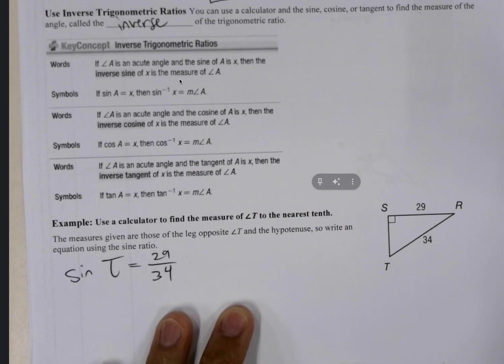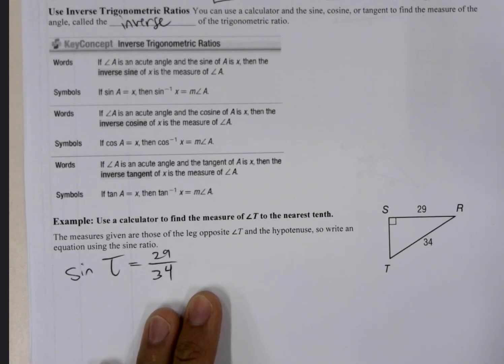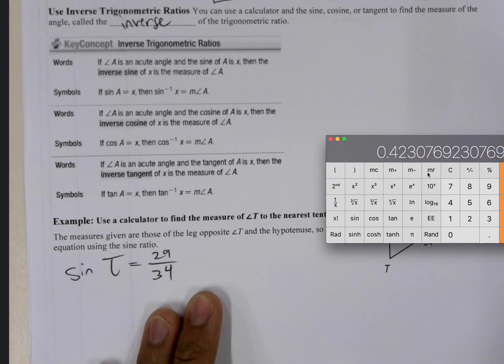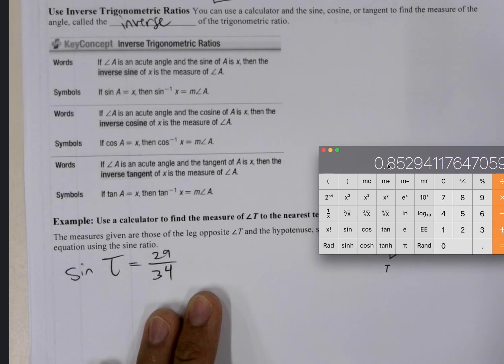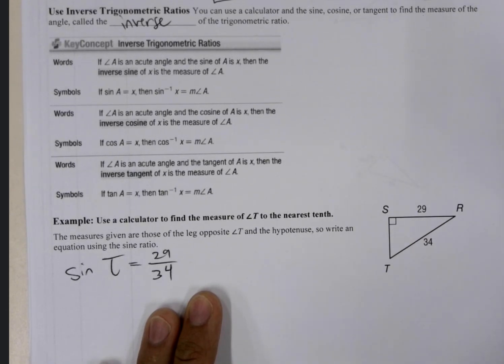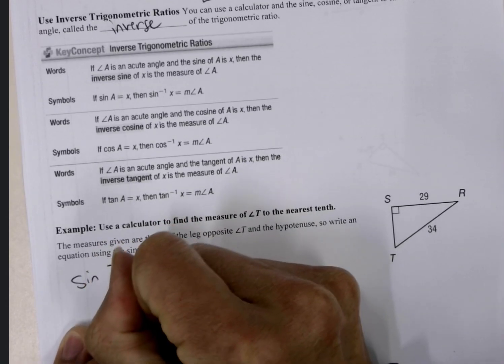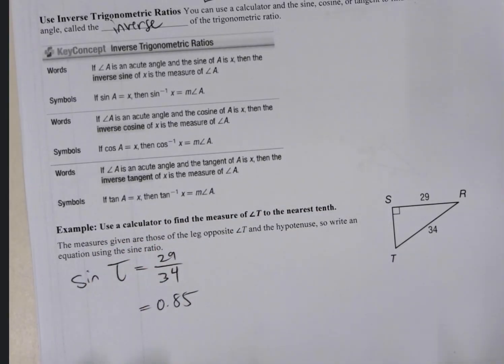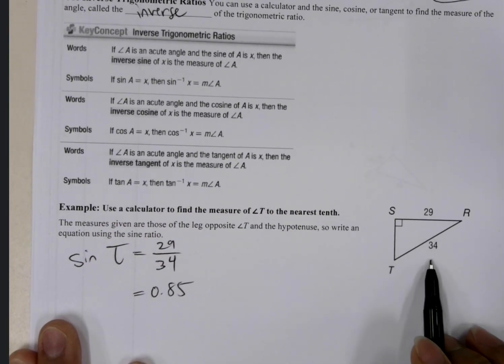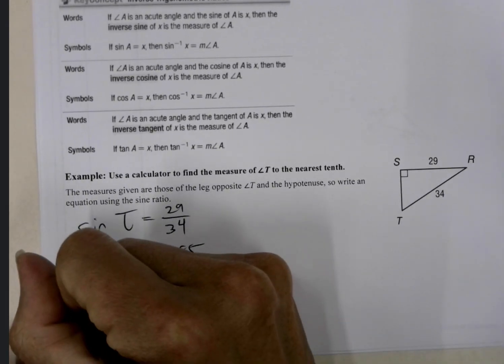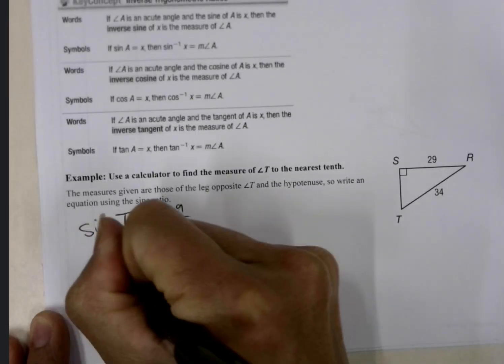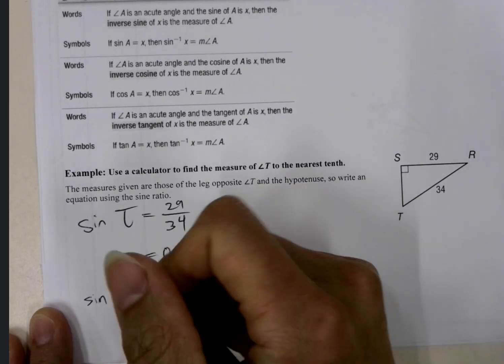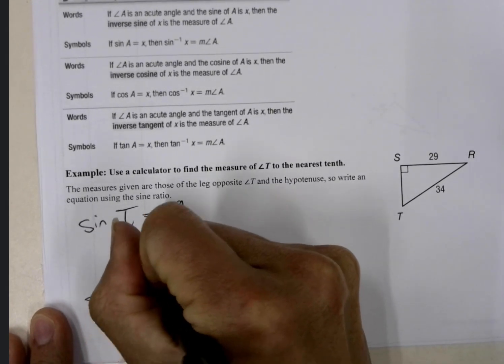So now we're going to go ahead and drop it in the calculator. Round to the nearest hundredth place, so 29 divided by 34 is 0.85. So it's going to equal 0.85. Now to find the measure of angle T, we would need to do the inverse sine, right? So sine inverse of 0.85.